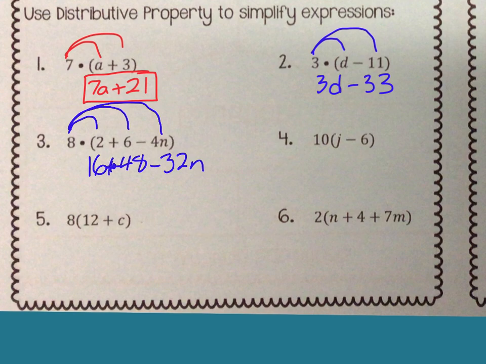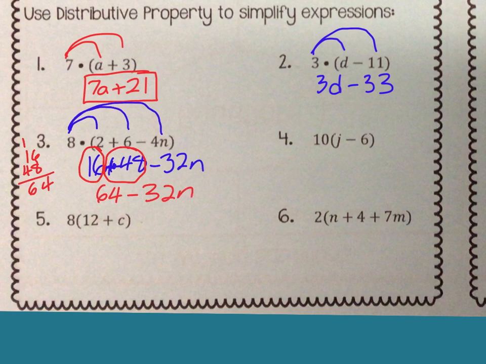Can we combine like terms? Yeah, we're going back to that lesson that we learned last week, that this guy right here and this guy right here go together. So we have to go 16 and 48. That's 64. So this turns into 64 minus 32n.